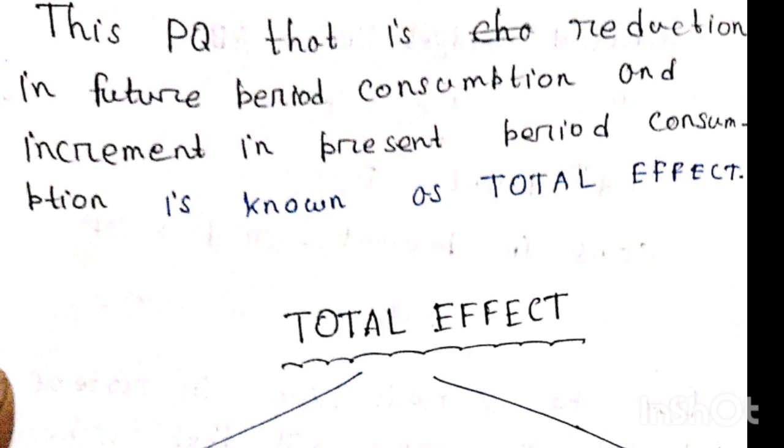So the PQ, that is the reduction in the future period consumption and increment in present period consumption, is known as the total effect. I should have written here that PQ is the increment in the present period consumption, but I also wanted to denote that there is a reduction in the future period consumption. So that's why I have written it as a whole, but PQ is basically the increment in the present period consumption. So this is known as the total effect.